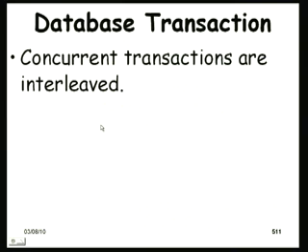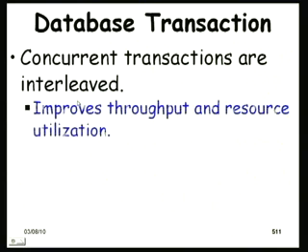One thing we must remember is that transactions are not carried out sequentially on a database, but concurrently. Several transactions can occur on the database concurrently, and they are essentially interleaved. At any instant, only one transaction actually operates on the database, but the activities of the transactions, read, write, etc., are interleaved.